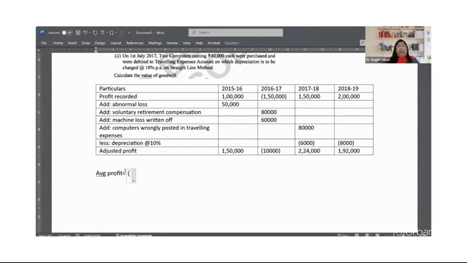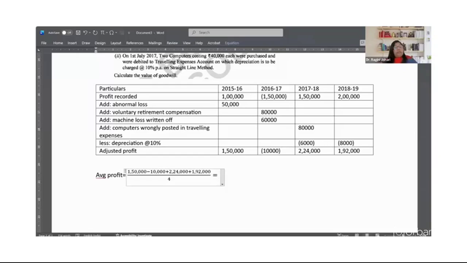Average profit will be the sum of all these numbers, plus, then this would be minus, so I'll simply write minus here, 10,000, then plus 2,24,000 plus 1,92,000, divided by 4.